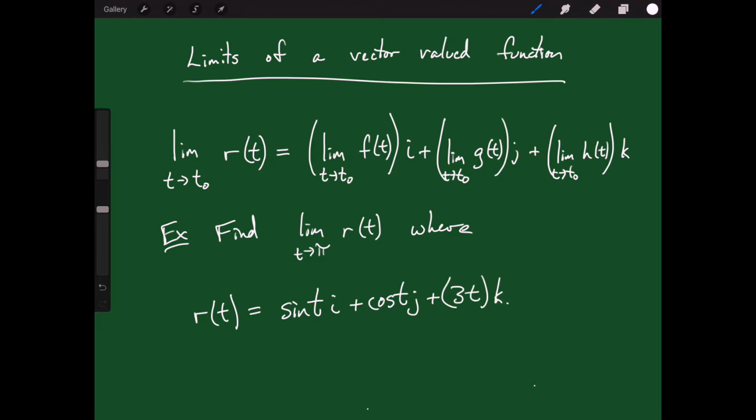So I'm just going to take the limit of each of the components individually.